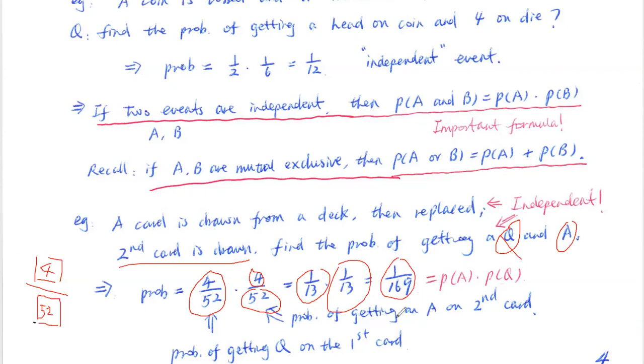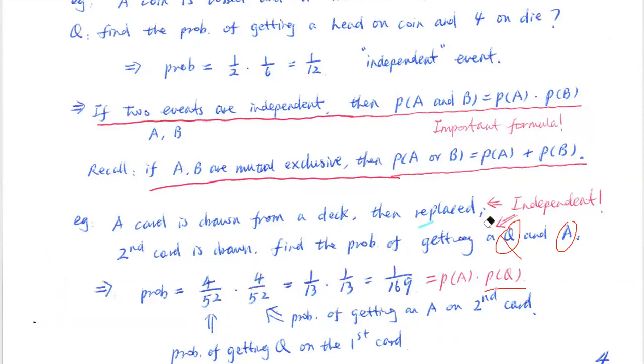That's the answer, right? So the key part here I want to mention is they are equal to the multiplication rule that we mentioned earlier. Why? Because those two events are independent. Why do we say that? They are independent, everybody? Because you think about that. Which one happened in the first, which one happened in the second, doesn't matter.